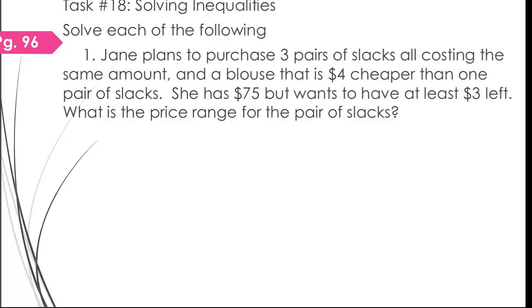So, does anyone want to share how they maybe got started with this problem or any information they have? Thank you. But equals 3 after. Equals 3. Okay. Because after everything that Jane bought, she'll have $3 left. Okay. Is it exactly $3? Well, at least 3.